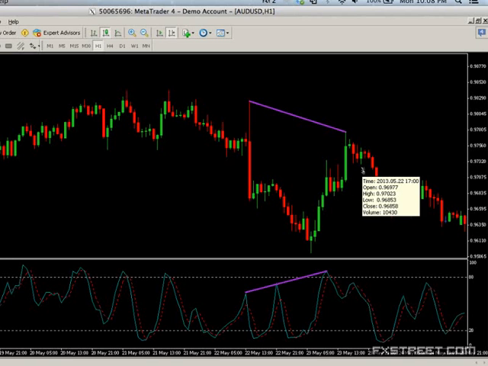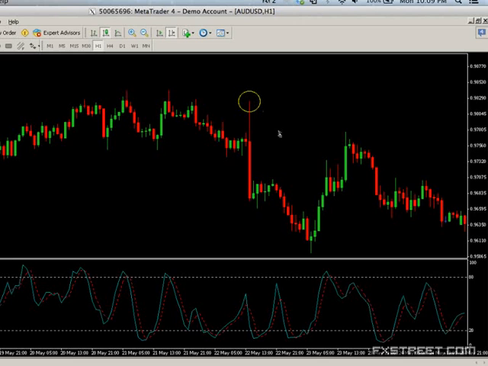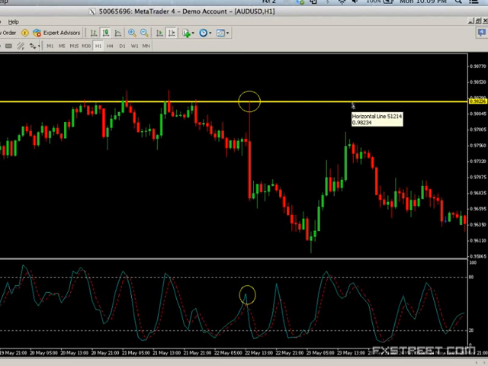Okay. Now, what is the best way to figure out where the opposite actually occurs? If this is the area you're going to plot your high from, you look at the same area on your indicator. So if this is the area you're going to plot the circle from, put a horizontal line. Has this ever been breached? Okay.